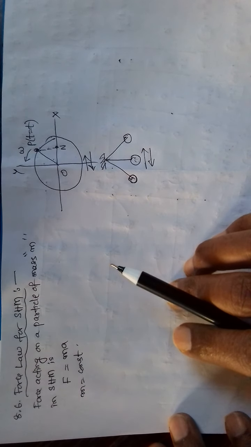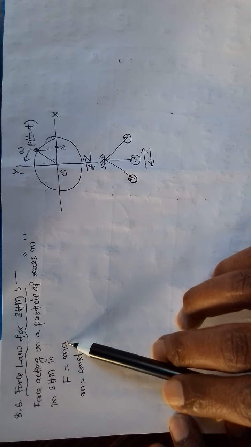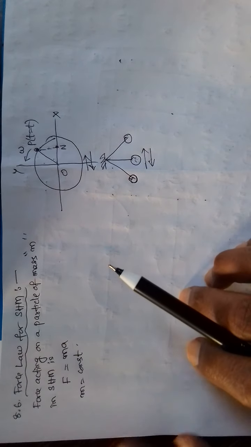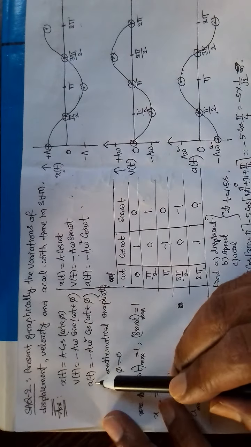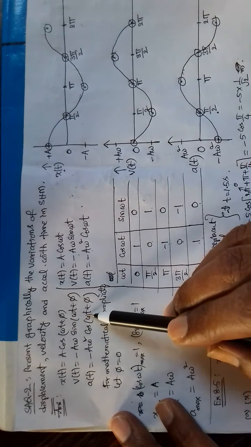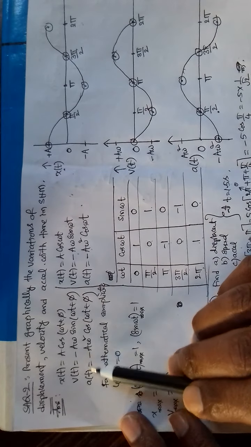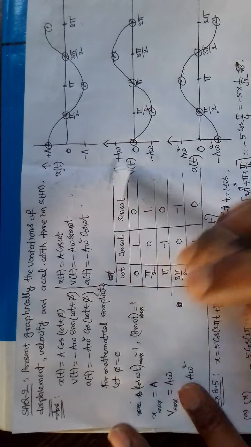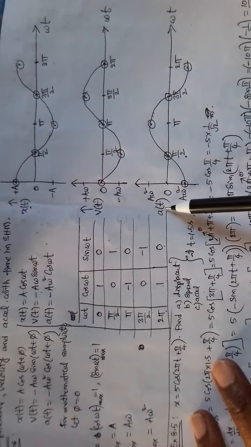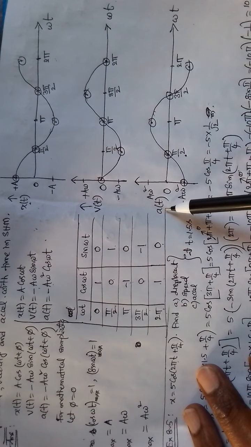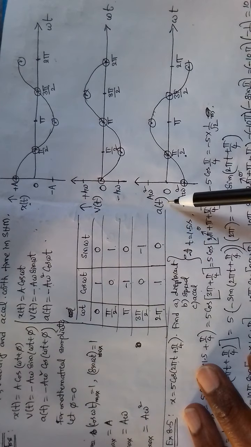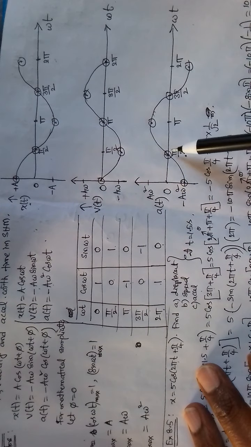Just now we derived the expression for acceleration of a particle performing simple harmonic motion. See here, a(t) is equal to minus A omega square cos (omega t plus phi). See, acceleration is a function of time. It changes with time. Here we have drawn a graph also. Acceleration of a particle performing simple harmonic motion is changing with time, increasing and decreasing.